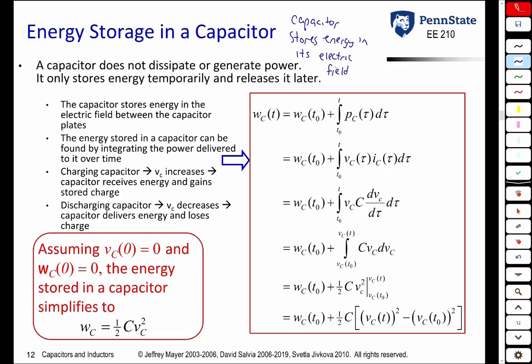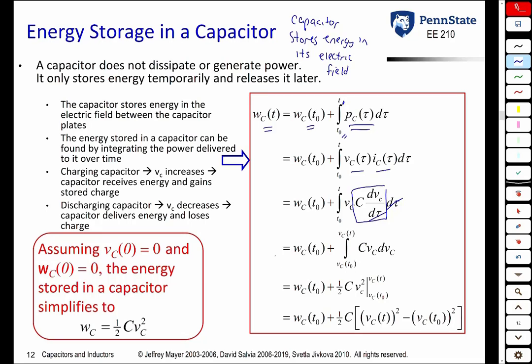How do you calculate what this energy is? Well, energy is always the integral of power, and this is a definite integral. So it's the energy at some time t naught plus the integral from t naught to t of p(tau) d tau. Power, of course, you could write as voltage times current, but current into a capacitor is C times dVc/dt, and then from there you get the expression below.